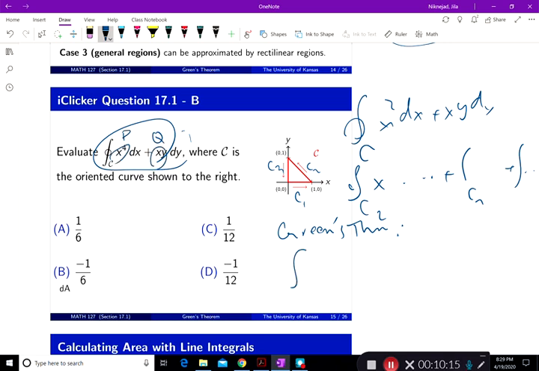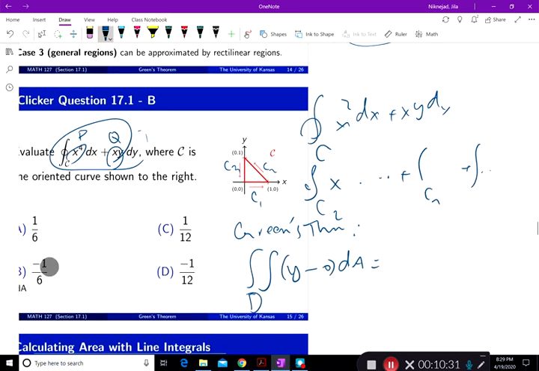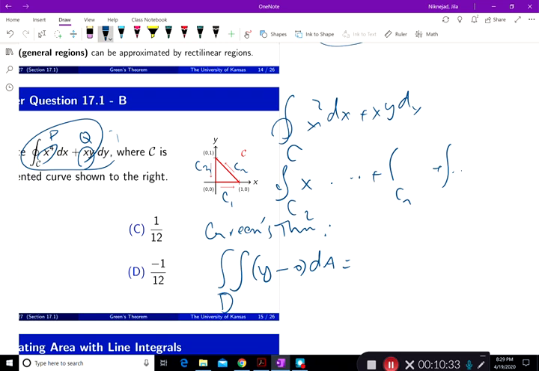I have to do the double integral over the region of the partial of Q with respect to x, which gives you y, minus the partial of P with respect to y, which gives you 0, dA. And that is the double integral over this region.